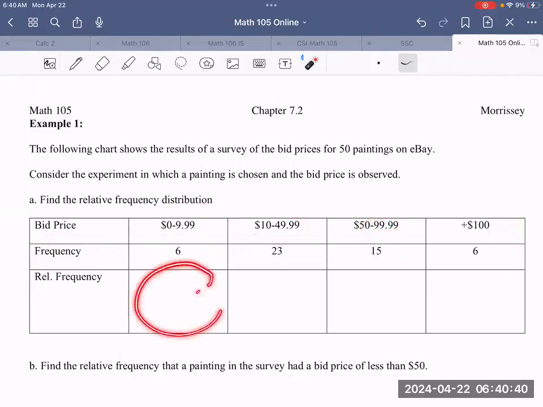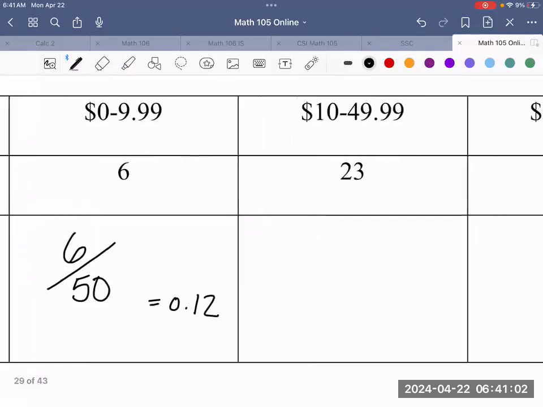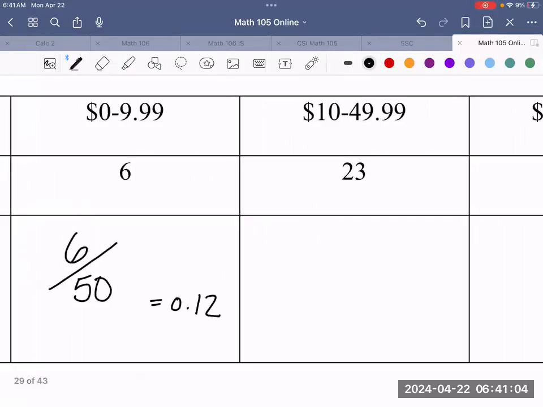Now, in order to get your relative frequency, how many total paintings do you have? Well, we have 50 paintings. So of our 6 paintings in this category, we're going to divide it by 50. Doing it again, we have 23 in this next category, 23 out of the total 50.